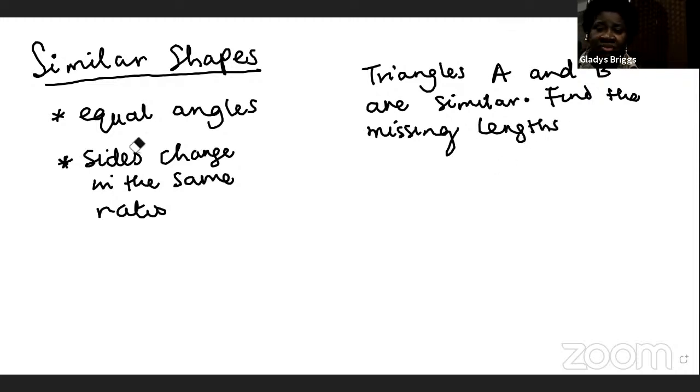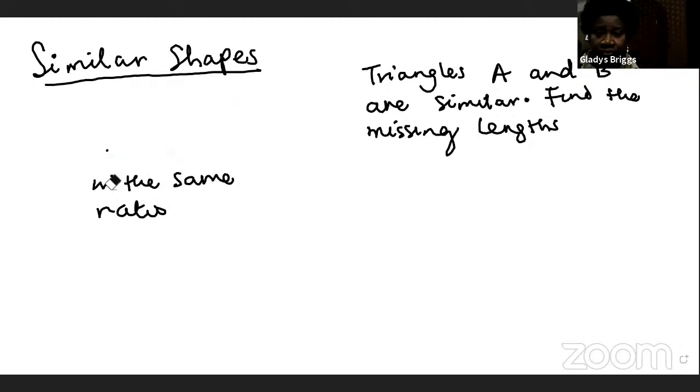I'm just going to rub off this part. So let me draw the triangles.